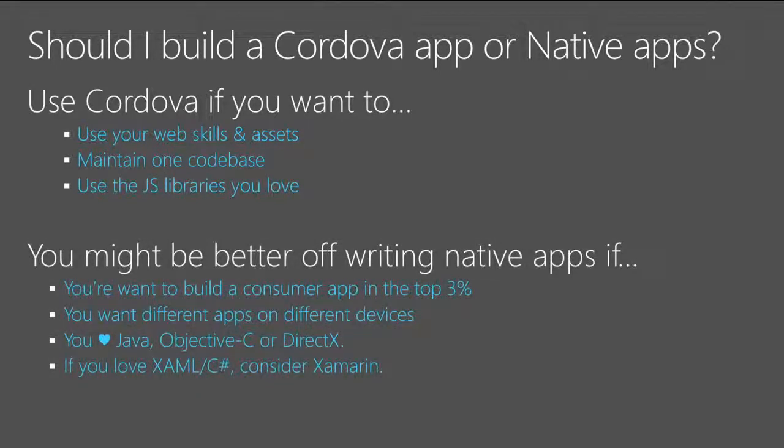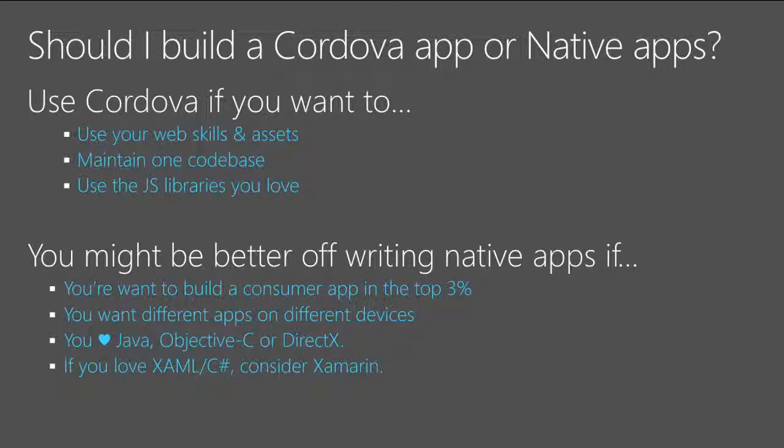But for a native app, you might be better off going the native route if you're targeting to be in the top 5% of apps. If you're trying to create a super premium experience, invest the extra time, money, effort, and maintenance costs in developing native apps for each one of the target platforms.